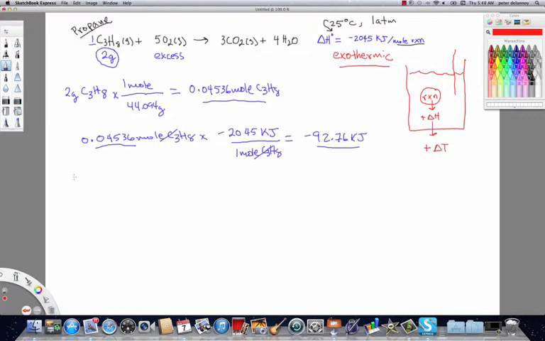All right, so if we determine the number of moles of oxygen required to react with the propane. All right, so what I'm going to do is take the moles of the propane, and then we're going to solve for the moles of oxygen that reacts with the propane.